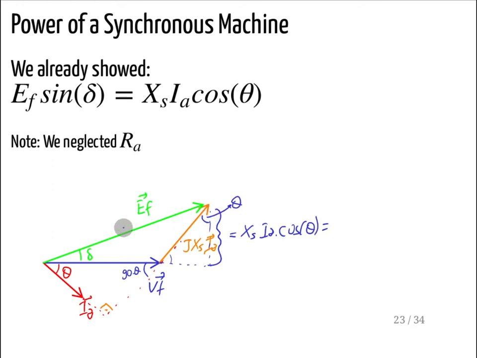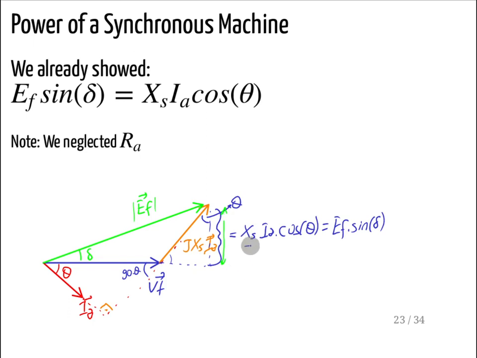Exactly the same distance is, magnitude wise, EF times sine delta. That is what we showed geometrically.